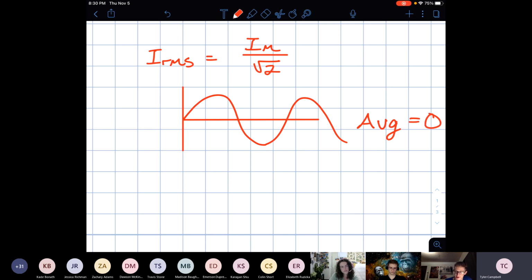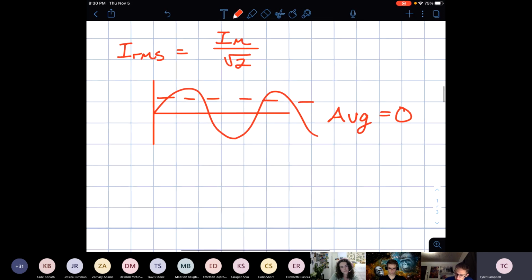To say the average of a sine function is 0 means literally nothing to me. So instead, root mean square was created such that I'd find the value that it hangs out most often. So really, it's about 0.707, something around there, and that's what that means. It's found by taking the peak value, in this case I max, and then dividing it by the square root of 2, and you'll get some value just kind of in here.